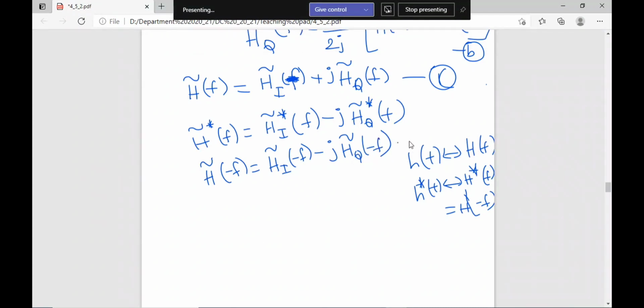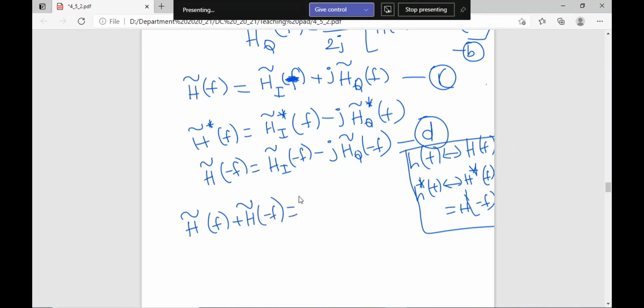Okay, anybody have doubts here? I've used the same property. So this is d. Now I'll add c and d. When I add c and d, it will be h star of f plus h tilde of minus f, which will be equal to, these two will get added and these two will get subtracted.